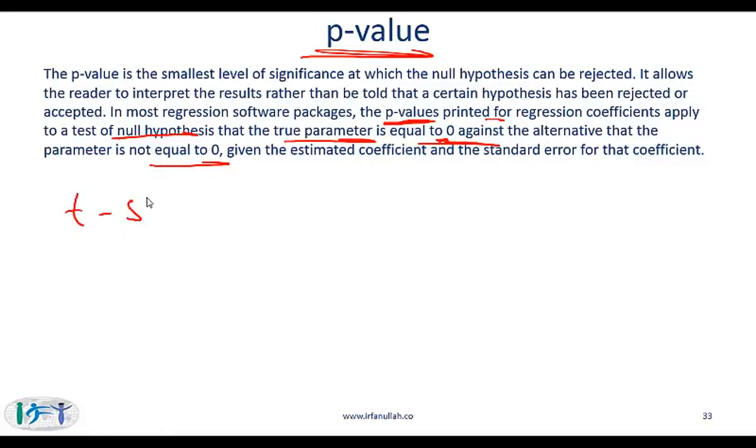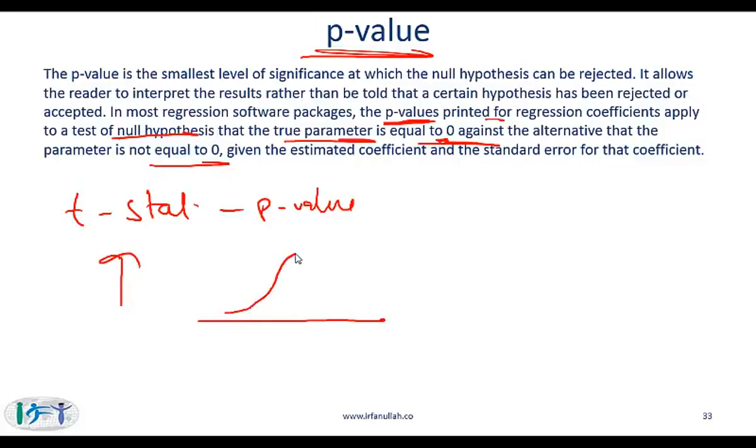The t-stat and the p-value are related. When your t-stat is high, what is that saying? So when you do your analysis, remember that there are certain critical values at a 0.05 level of significance. When you do a two-tailed test, what are your critical values?